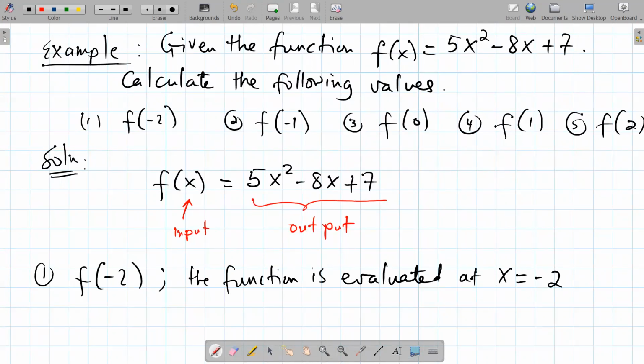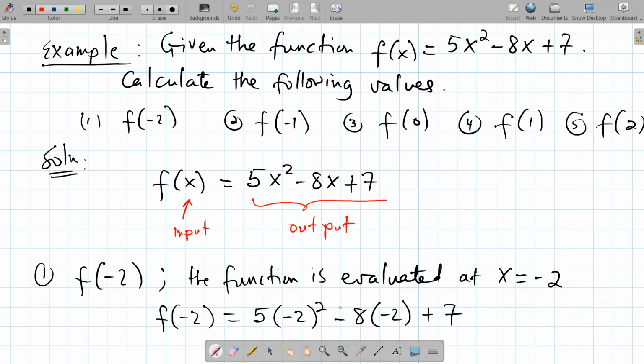Okay, so all that you do is you go to the function and plug in x with, or for, negative 2. So this is going to give me f of negative 2 will be equal to, wherever I see x on my right hand side, I plug in negative 2.